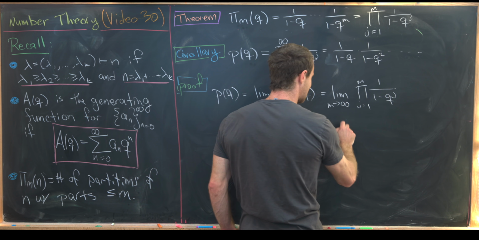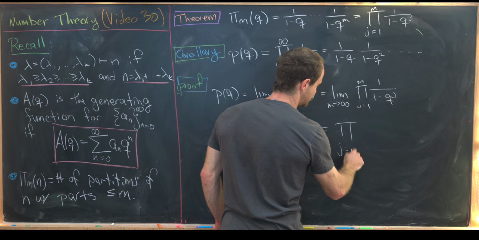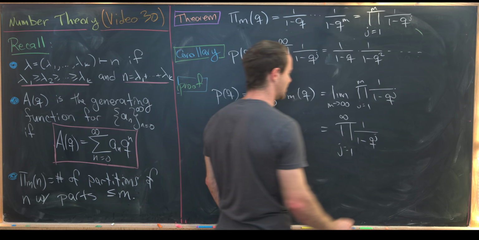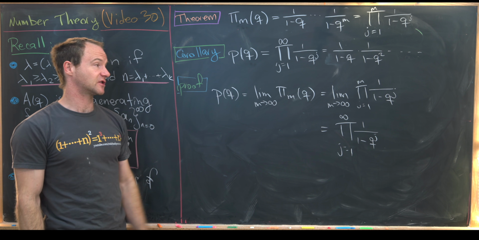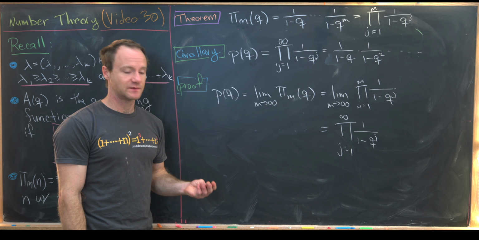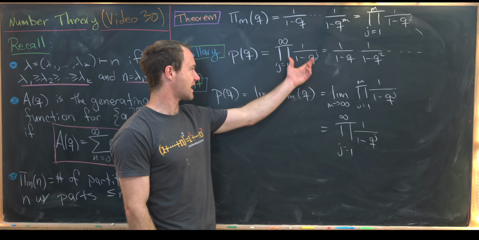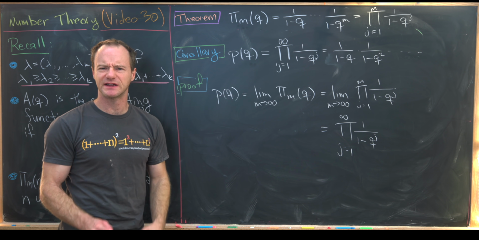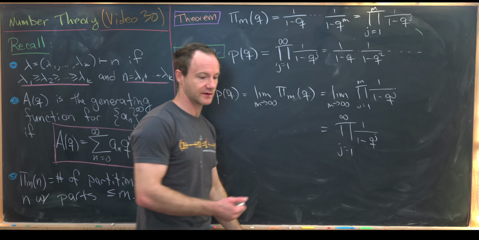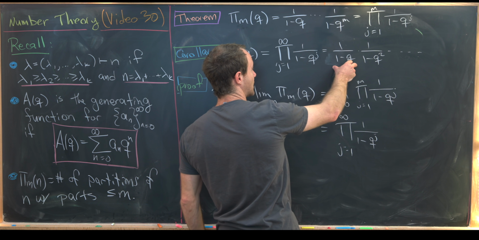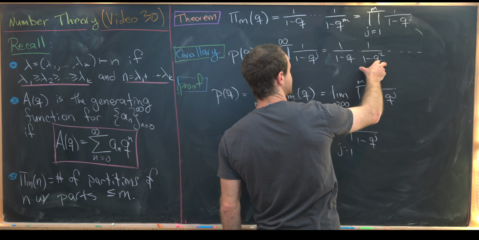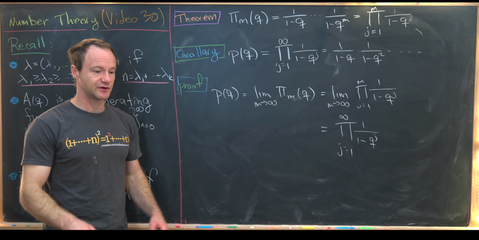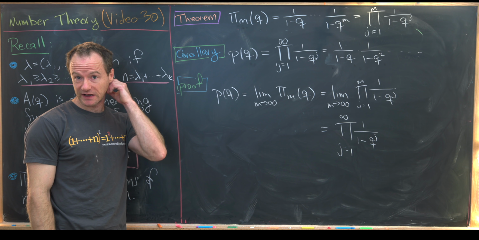But that's exactly equal to this product as j goes from 1 to infinity of 1 over 1 minus q to the j, which is the generating function that we're going for. So sometimes when doing calculations, instead of writing it out in this product notation, we'll actually write the terms out because it'll be clearer how we're doing the calculations. So we would write 1 over 1 minus q times 1 over 1 minus q squared, and then so on and so forth, including enough terms so that it's clear how we are manipulating those terms.